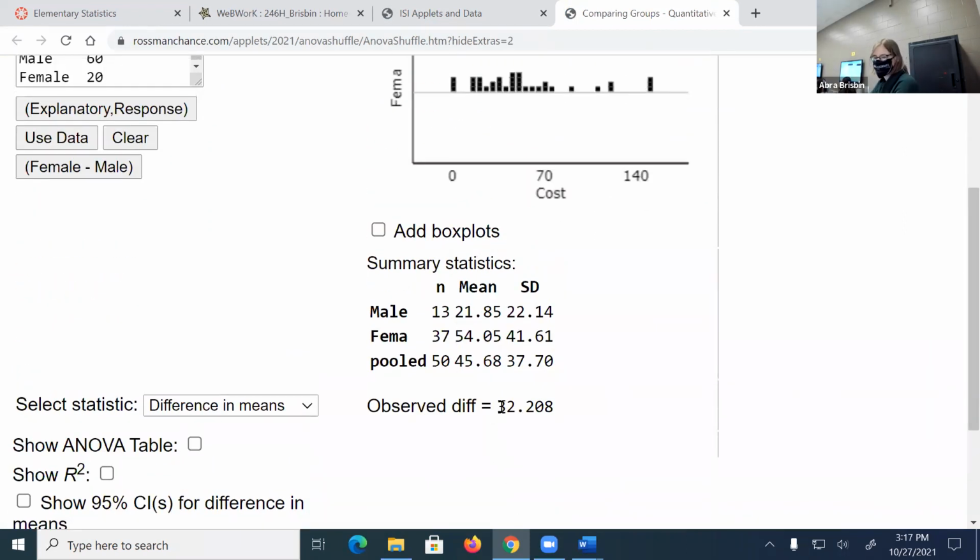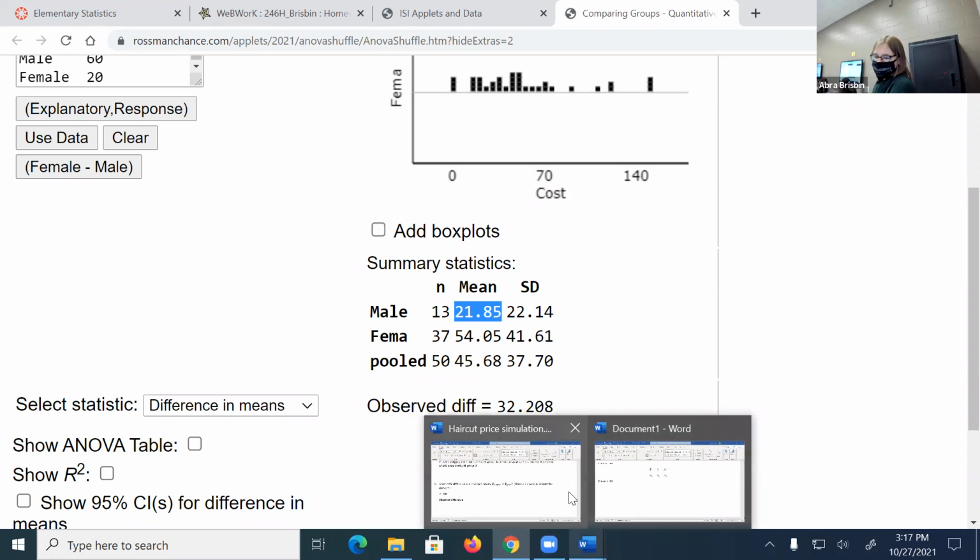So you can get the observed difference right here, or the other way to get it is by looking at this table and taking the mean for females minus the mean for males. And that will get you the same answer out to the number of decimal places that it gives you.